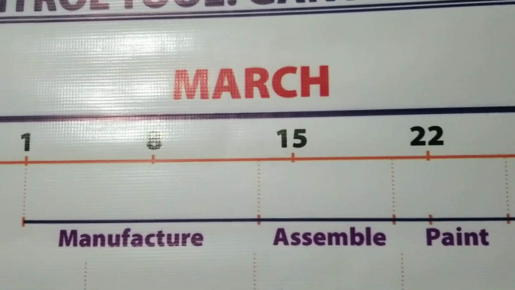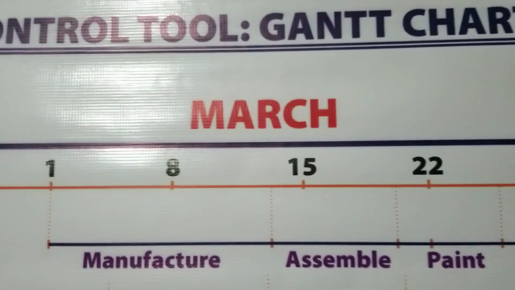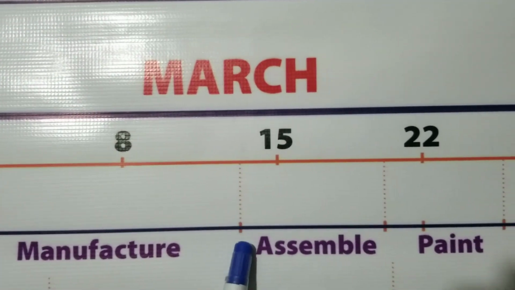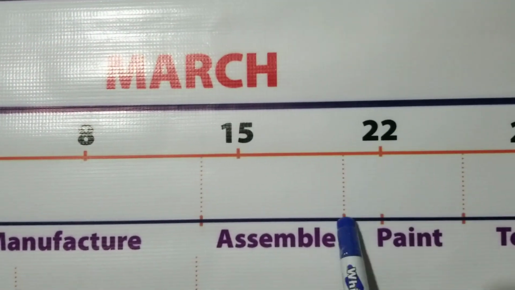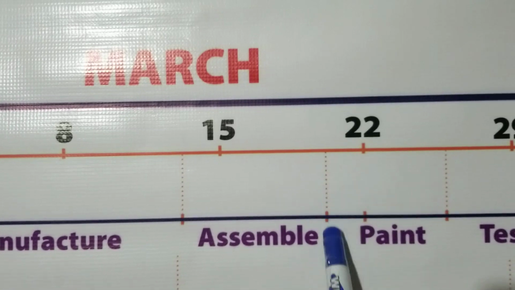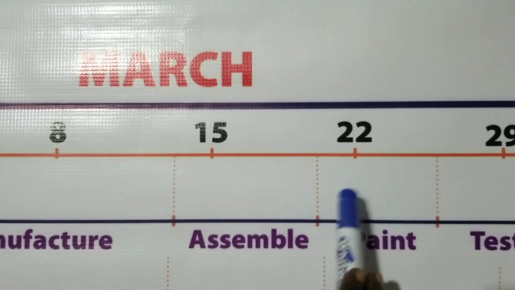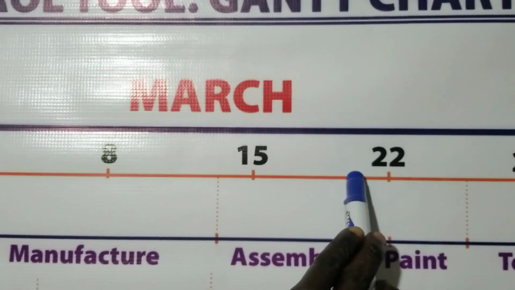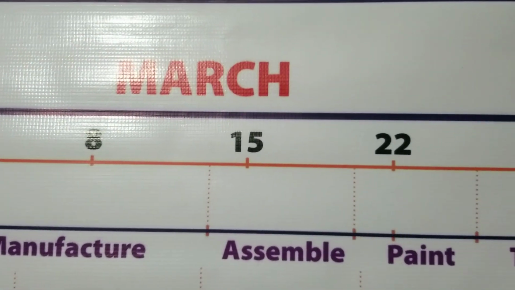Then assembling of the product should start from the 13th, and if this is 22nd, and this is where the assembly should end, then we may estimate this point to be, let's say, 20th. So by 20th March, they should finish the assembling.